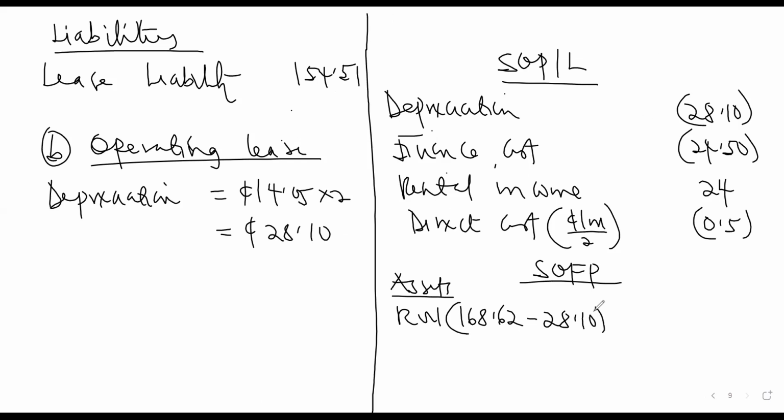Okay, then the asset, let's say asset, we are putting all the assets together, but this is supposed to be non-current. Then the direct cost of 0.5 will be a current what? Asset, because the remaining one will be consumed in the following year. But since I'm having assets, that is why I'm putting the direct cost also under the asset.